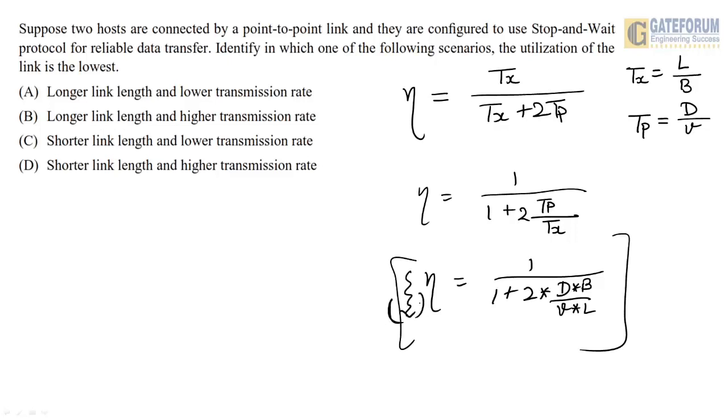If the denominator value is high, then efficiency becomes low.